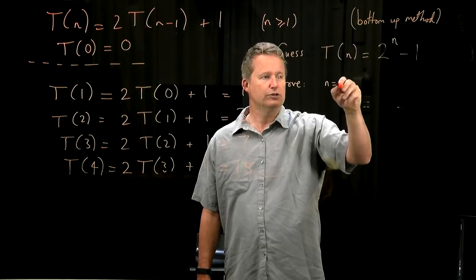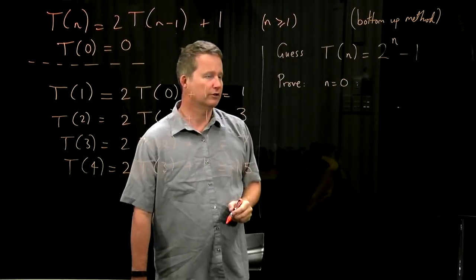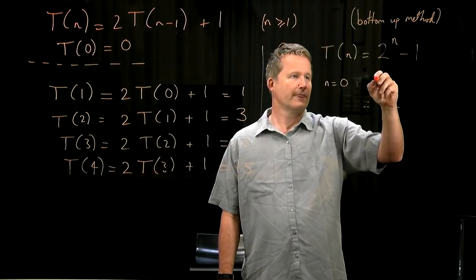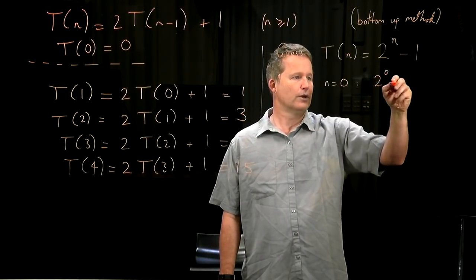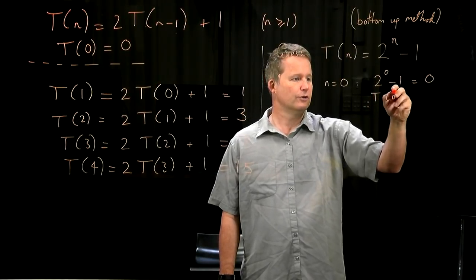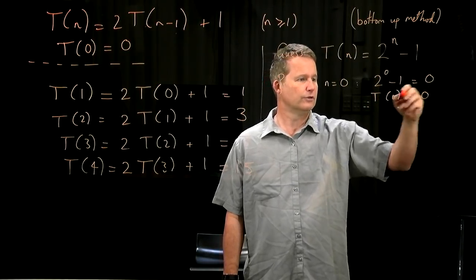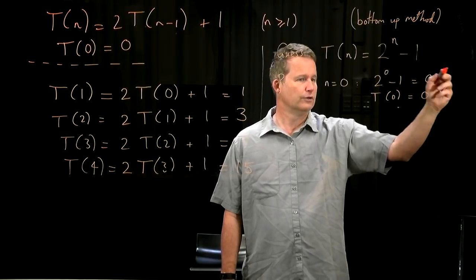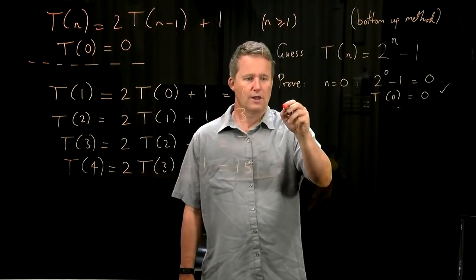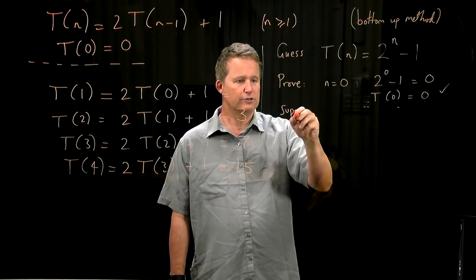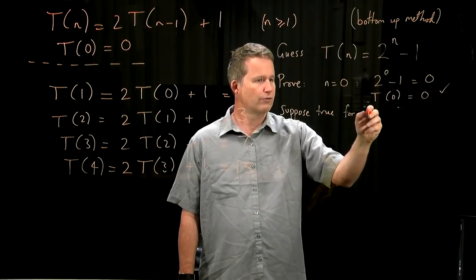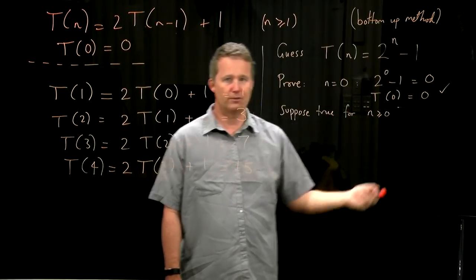So n equals 0. If n equals 0, we have 2 to the 0 minus 1 equals 0, and T of 0 is equal to 0. So that's good. Everything works there. And now we suppose it's true for some n, some arbitrary n.